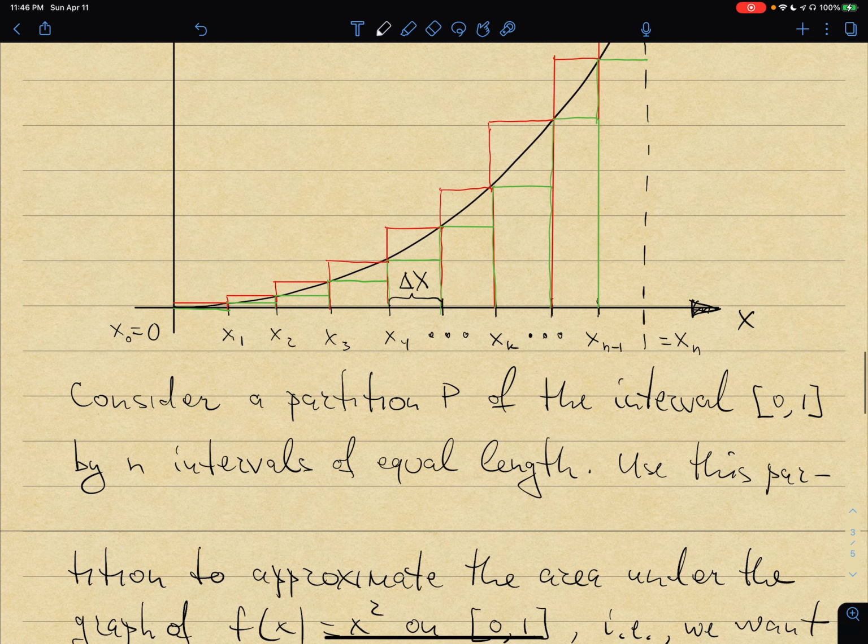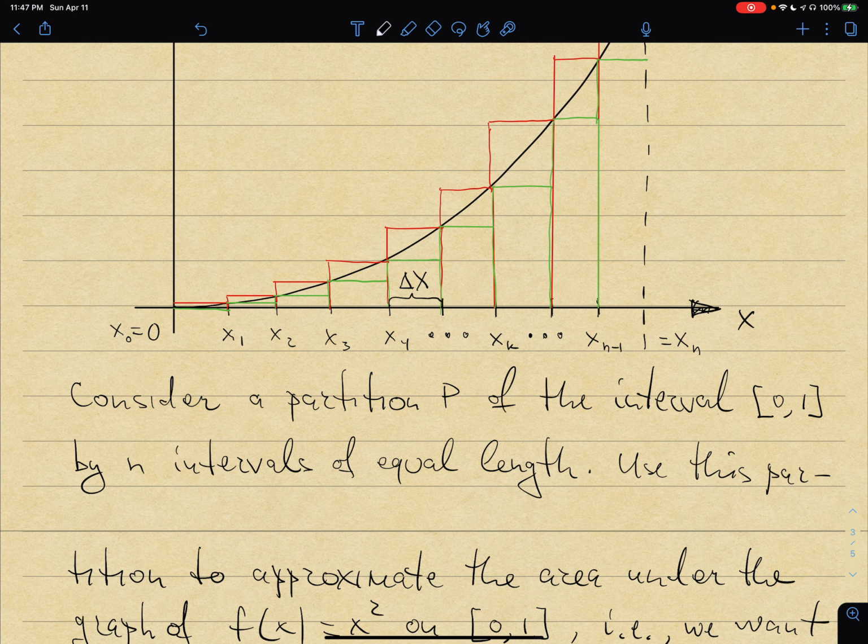So again, let's look at the picture. We subdivided the interval from 0 to 1 into n pieces of equal length. So each piece is going to have length delta x, which is 1 over n of the length of the entire interval.